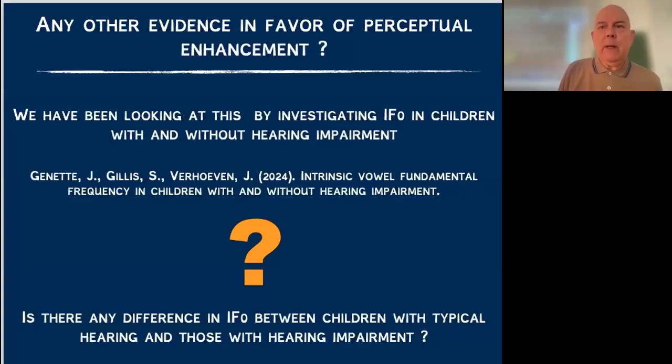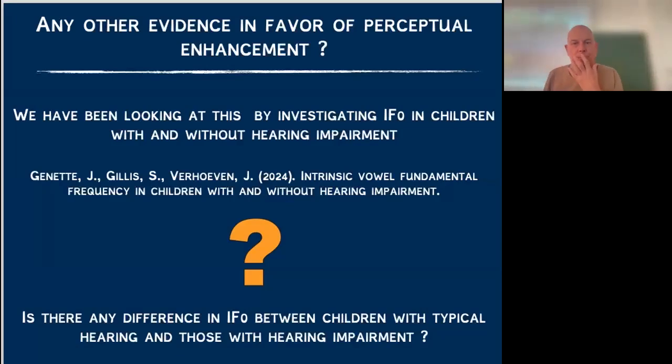So we've been really looking at IF0 in children. That's what we are doing. And particularly the contrast between children with typical hearing and children with hearing impairment. So if IF0 is somehow perceptually relevant, we assume that potentially in children with hearing impairment, IF0 may be different.